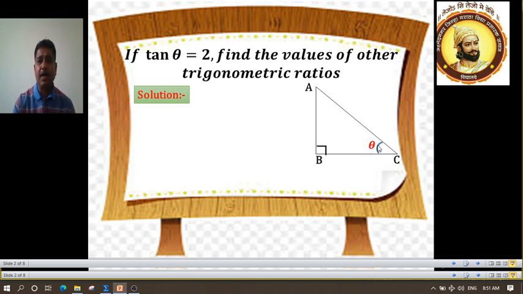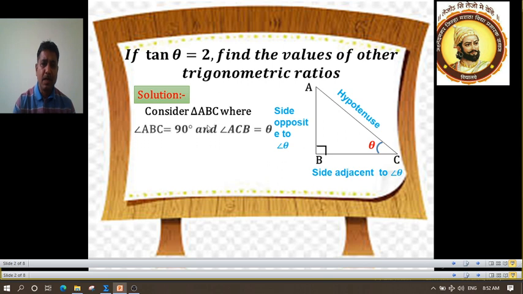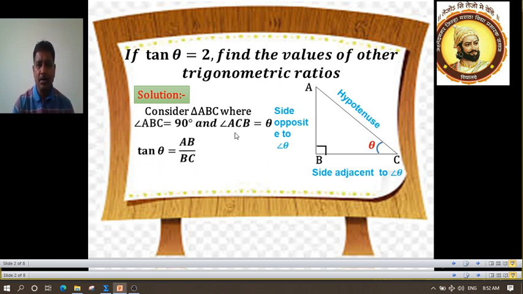With reference to theta, AB is the opposite side and BC is the adjacent side, and the side opposite to the right angle, AC, is the hypotenuse. So in right angle triangle ABC, angle ABC is 90 degrees and angle ACB is equal to theta.